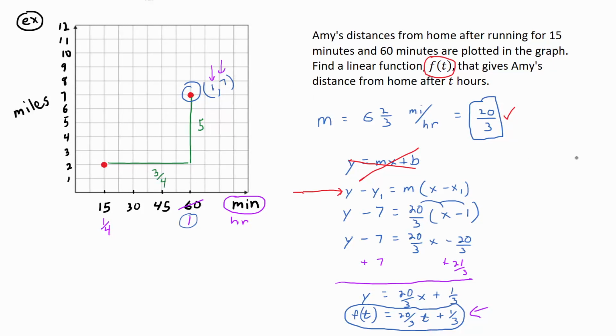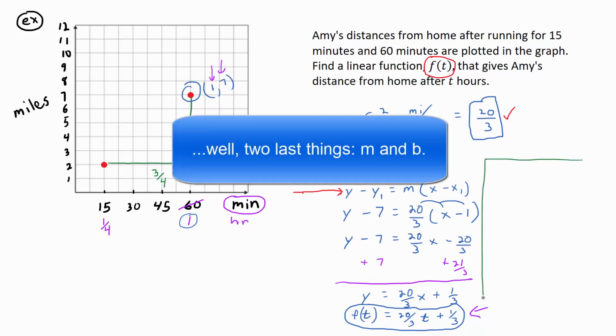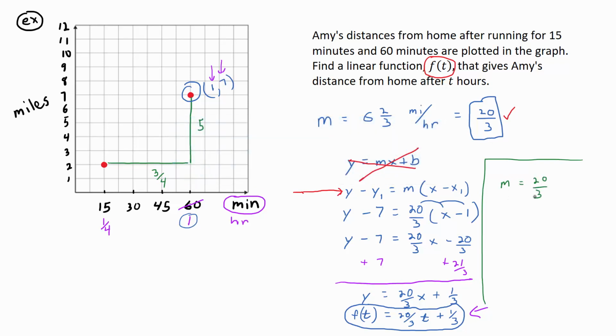And one last thing I want you to think about here. We've already mentioned that m is equal to 20 thirds or 6 2/3 miles per hour. That's the slope. M stands for slope. We get the units of slope by taking the rise units in ratio to the run units.